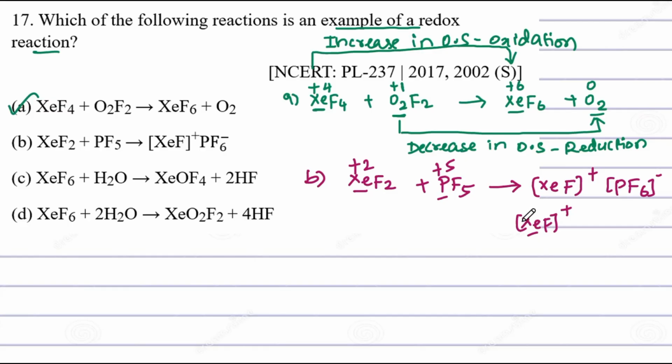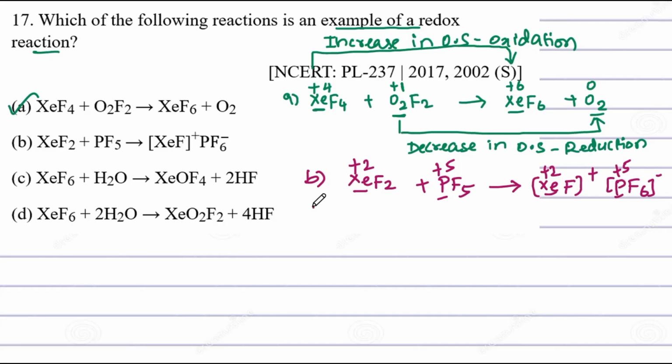Let us find the oxidation state of xenon: x - 1 = +1, the charge is +1, so x is equal to +2. So here the oxidation state of xenon is again +2. On the reactant side it is +2, product side also +2. Then for phosphorus, x - 6 = -1, x is equal to +5 when -6 goes to the right hand side. So here also the oxidation state of phosphorus is again +5. So there is no change in the oxidation states. So it is not a redox reaction.